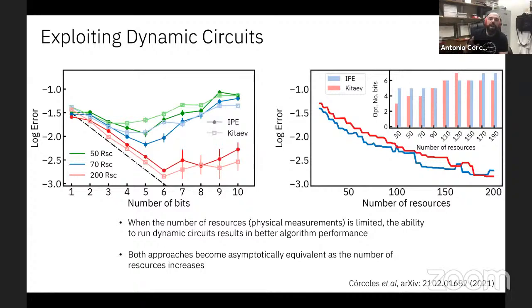But if I restrict the user to a few measurements only, and this makes a lot of sense also in the sense of what I was talking about capacity, like how long do you need to run the quantum computer to get a satisfactory result, so if we limit the number of resources, with a different number of resources for each color, the iterative phase estimation gives a tangible advantage versus the Kitaev original approach.